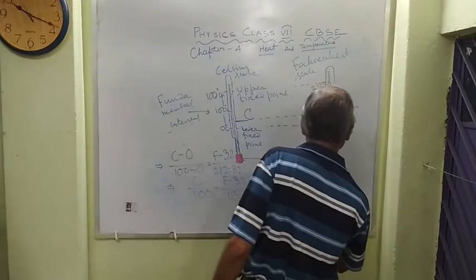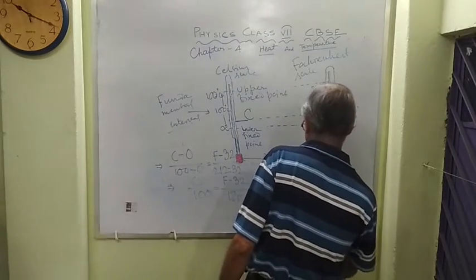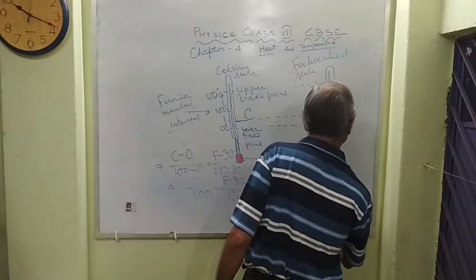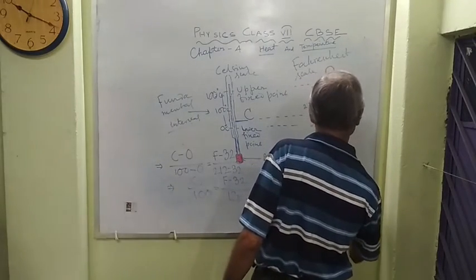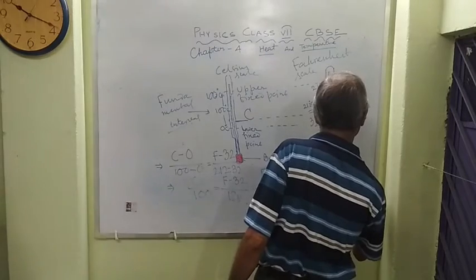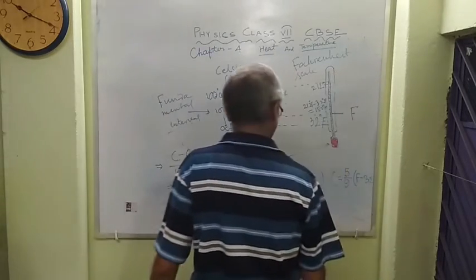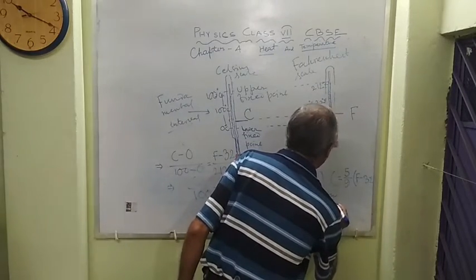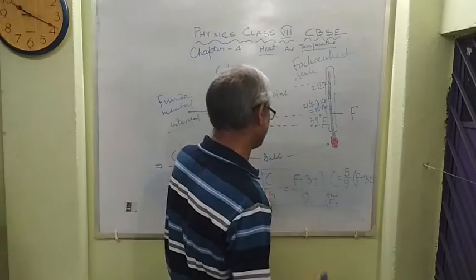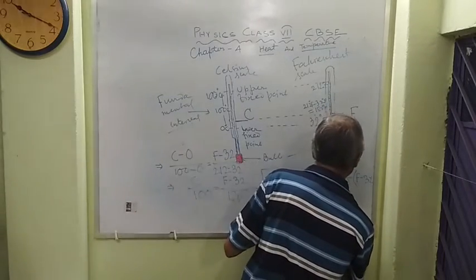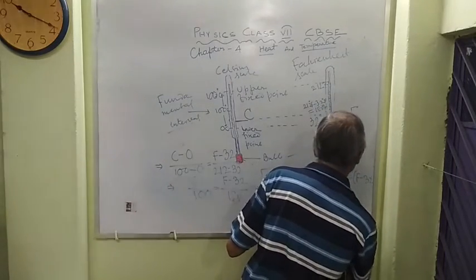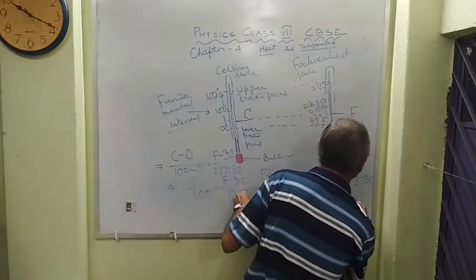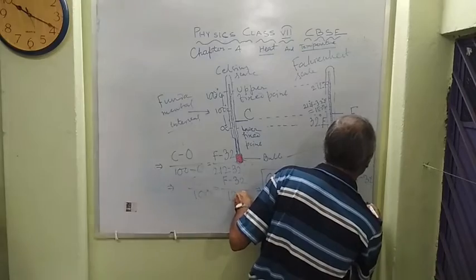Therefore, we write C as 5 by 9 into F minus 32. And we write F as 9 by 5, 9 divided by 5 into C plus 32.